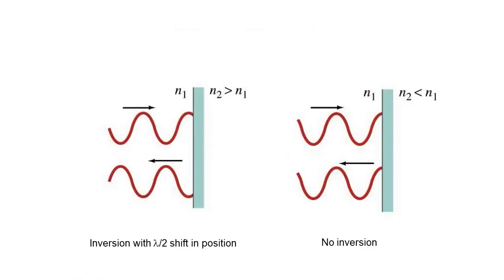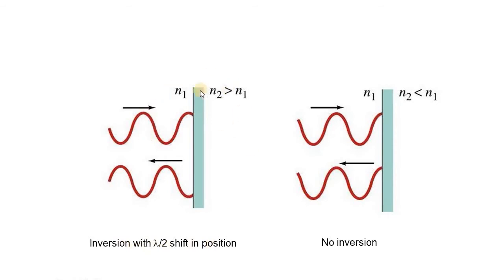One more thing that you have to keep in mind is that suppose a light ray is moving from a medium of refractive index n1 and hits a medium of refractive index n2 such that n2 is greater than n1. Upon reflection, there occurs a path difference of lambda by 2, or a phase difference of pi. That is inversion with a lambda by 2 shift in position.